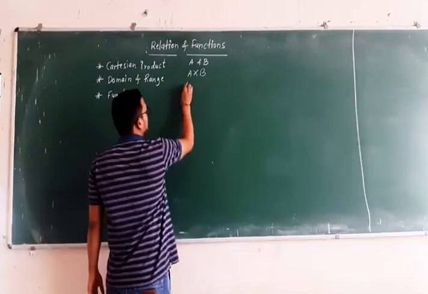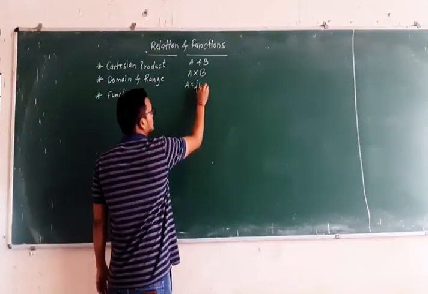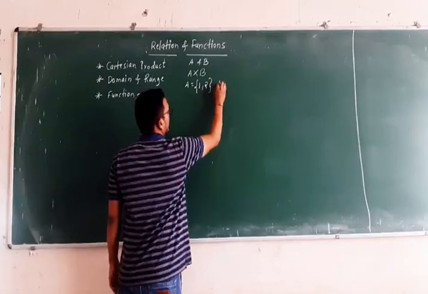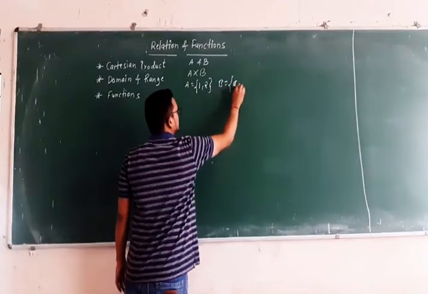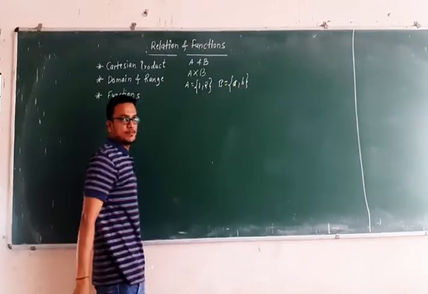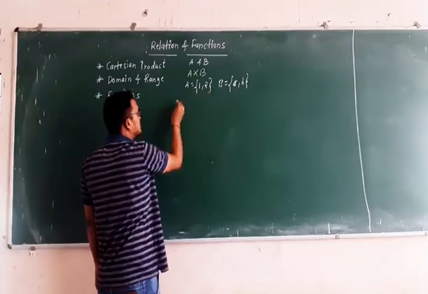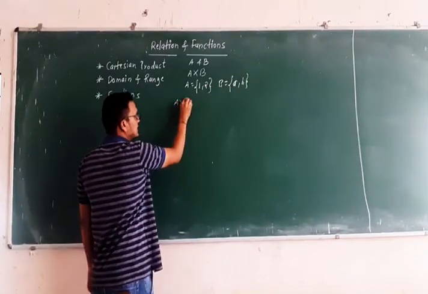Suppose A is equal to {1, 2} and B is equal to {A, B}. Then how do we take the Cartesian product, A cross B?